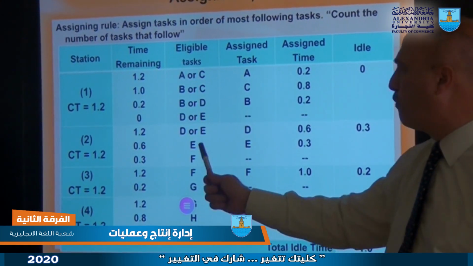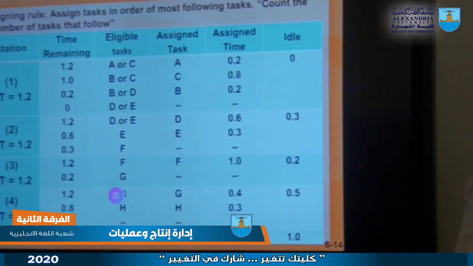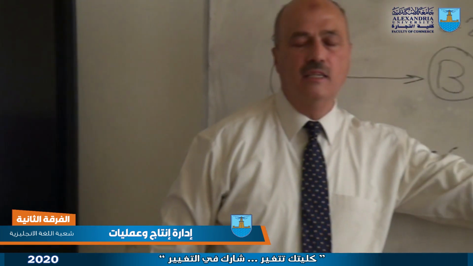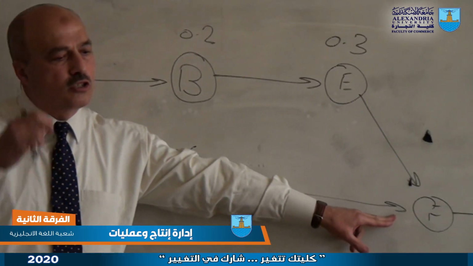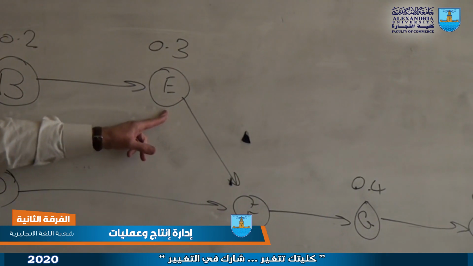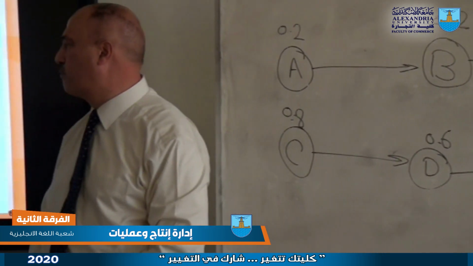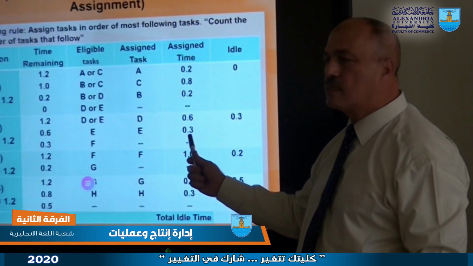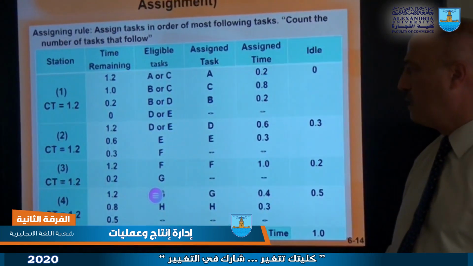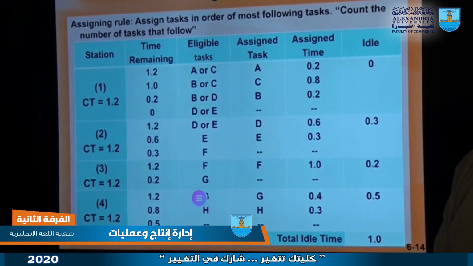So we didn't perform E yet. And we can't select F, because to perform F, we need to finish E first. So E must be performed first, and it needs 0.3 minutes. So the remaining time in workstation is 0.3.